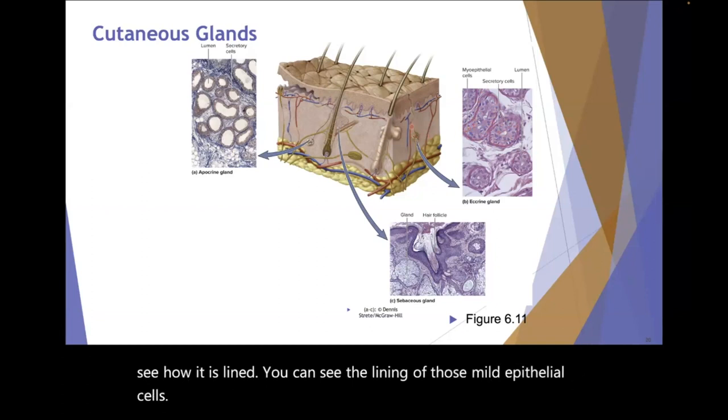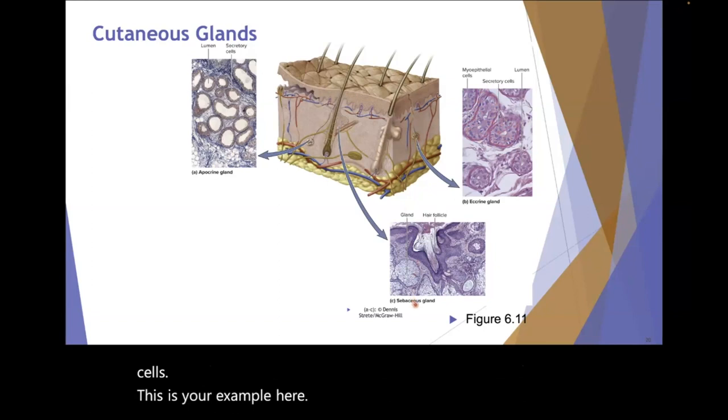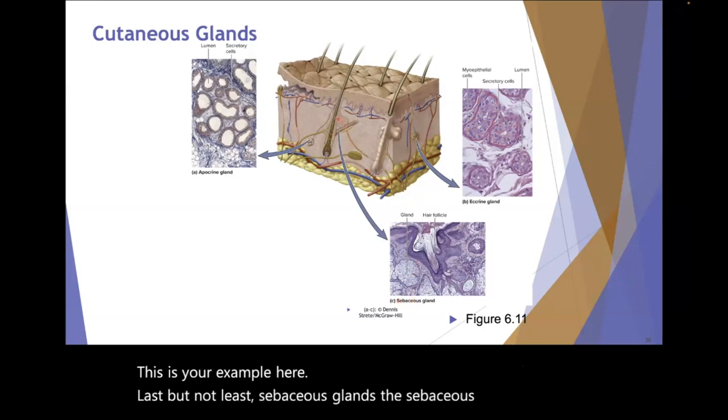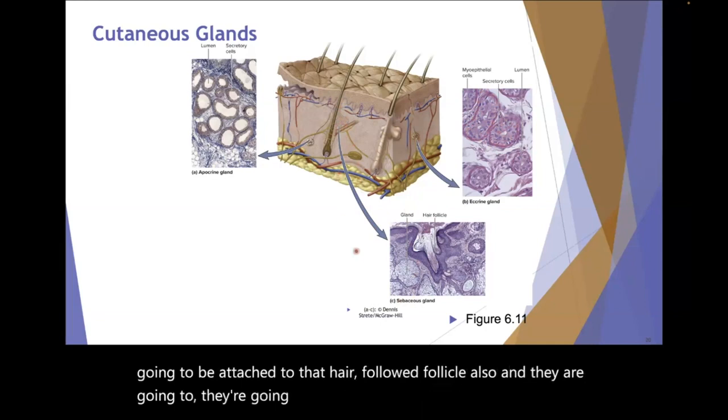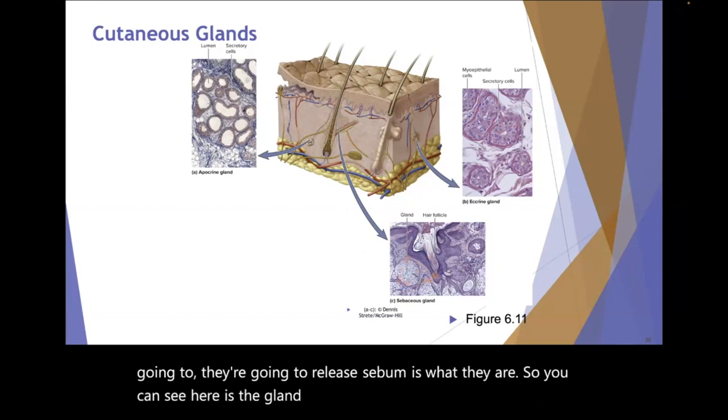This is your example here. Last but not least, sebaceous glands. The sebaceous glands are also attached to the hair follicle, and they release sebum. Here is the gland, and here is the hair follicle.